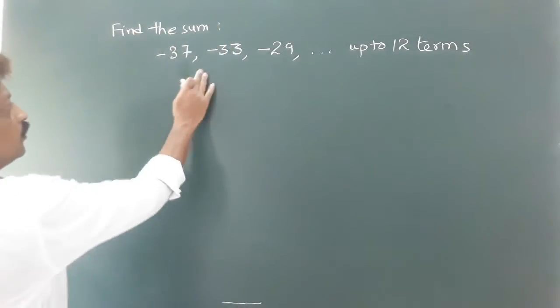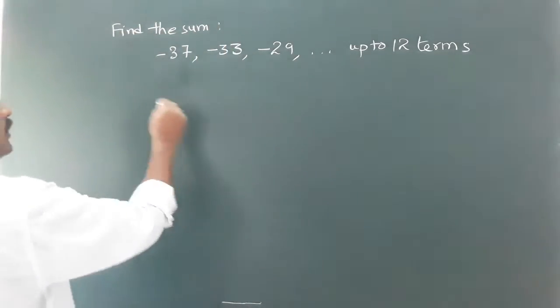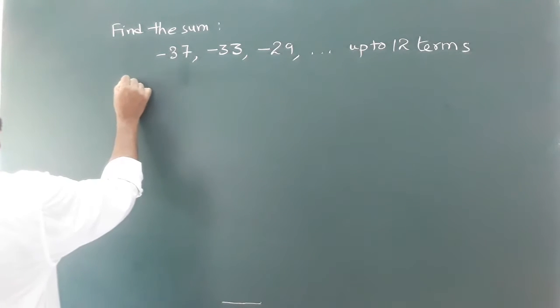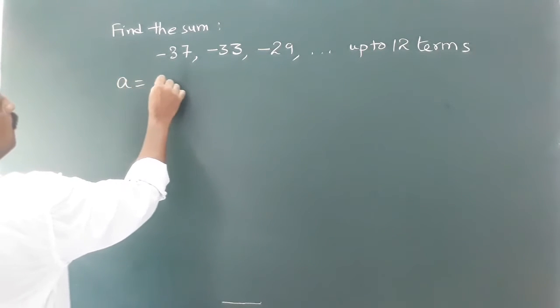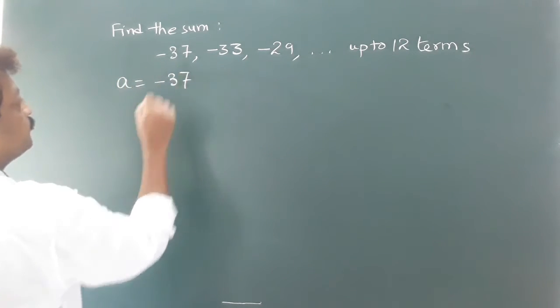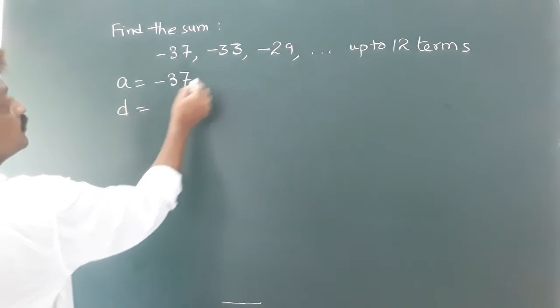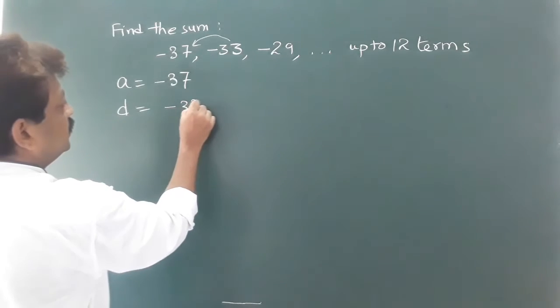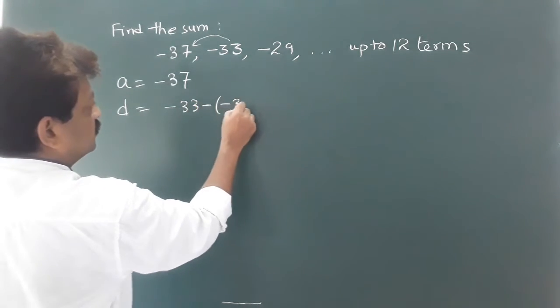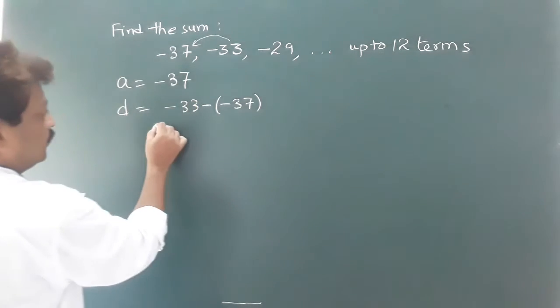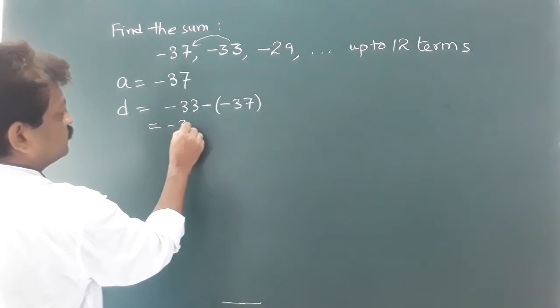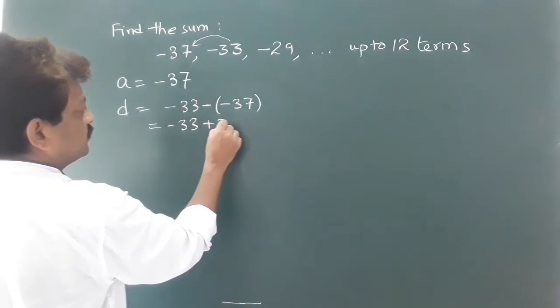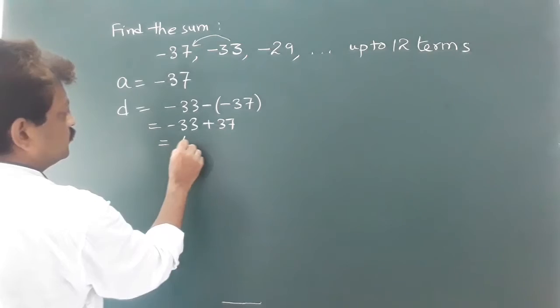First of all, we have to list down the information given in the question. So the first term a is minus 37. The common difference is second term minus first term, so minus 33 minus (minus 37). So it becomes minus 33 plus 37, that is plus 4.